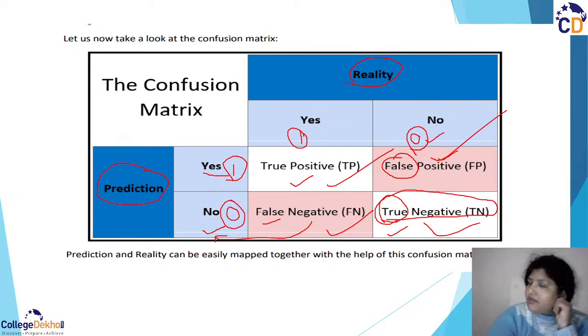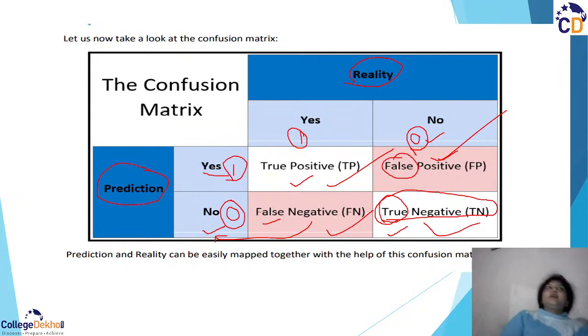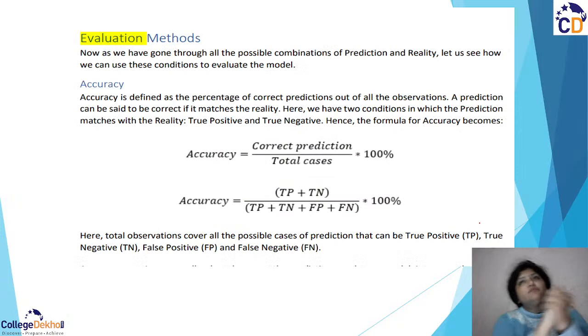The only thing we do in the confusion matrix is recording of results, not computation, just recording. How many values are true negative, you write down here. How many cases are false positive, you have to record that part.